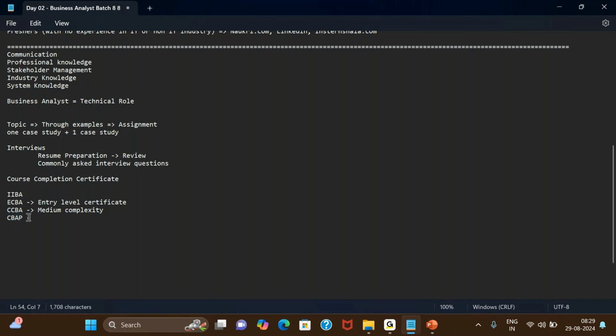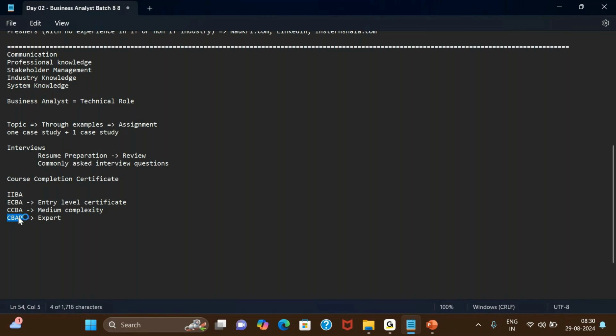Then CBAP is the expert level certification, and again you require more experience, preferably 7+ years, and a referral from a CBAP holder. Someone who is already holding a CBAP should be referring you, saying that they know you are working as a business analyst, you have the required experience and are eligible to appear for the CBAP exam.